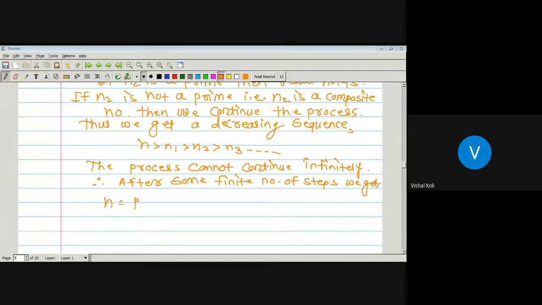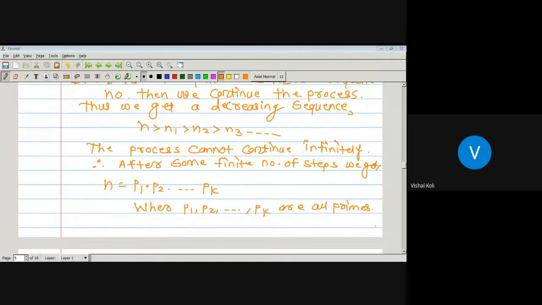N is nothing but p1 into p2 into up to so on pk, where p1, p2 up to so on pk are all primes. Okay, so here our first part will be proved.